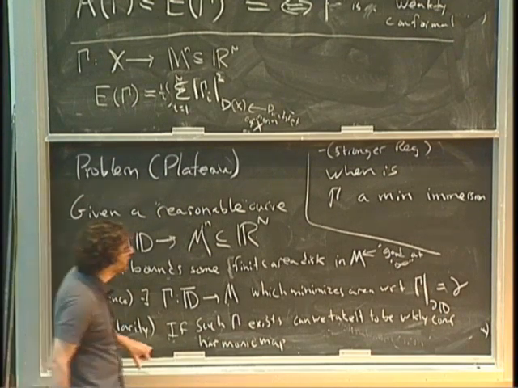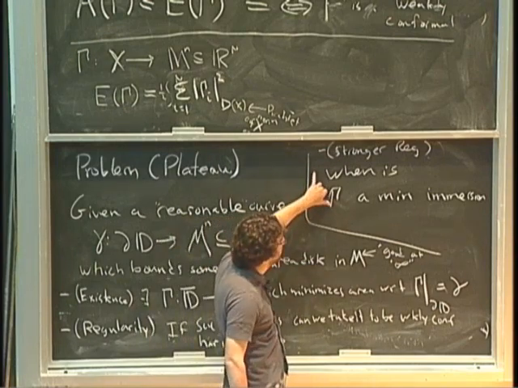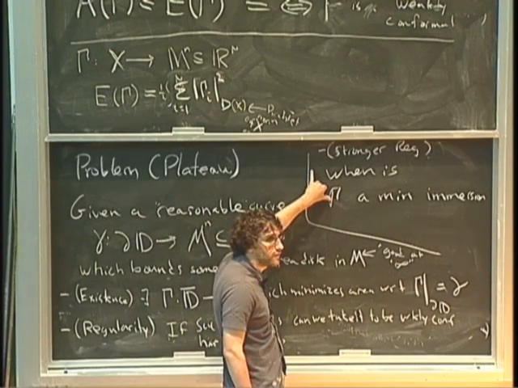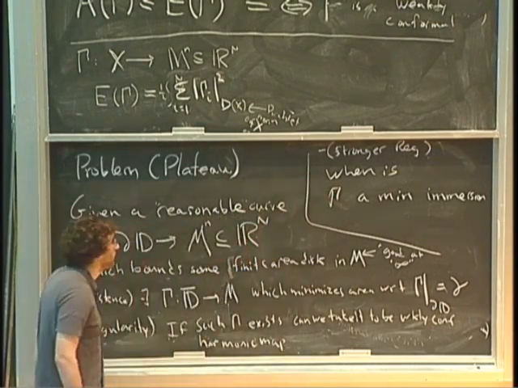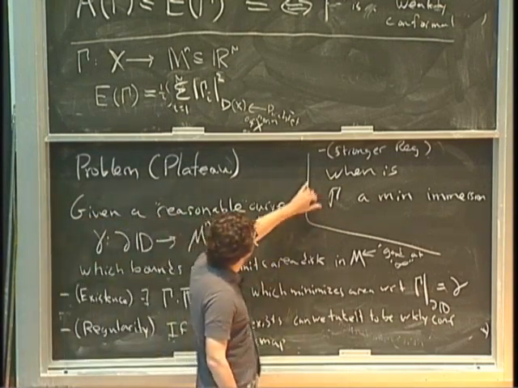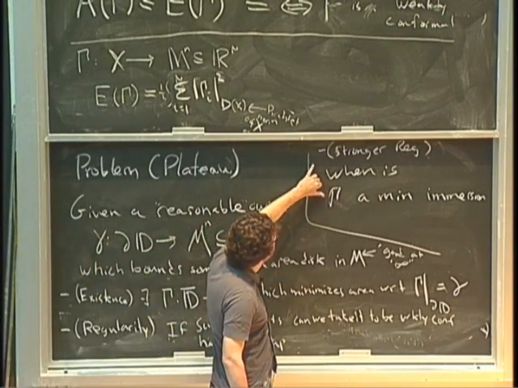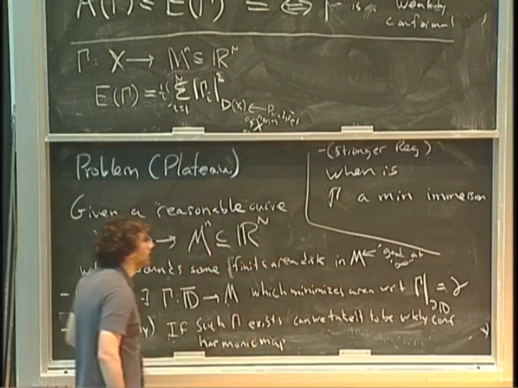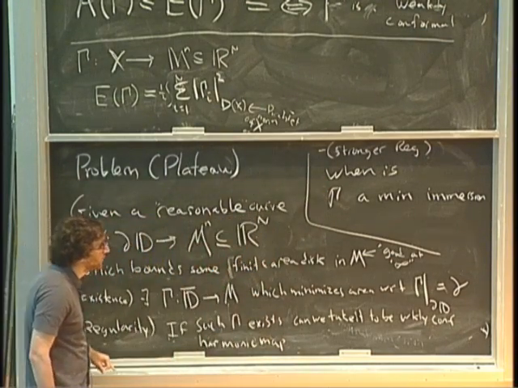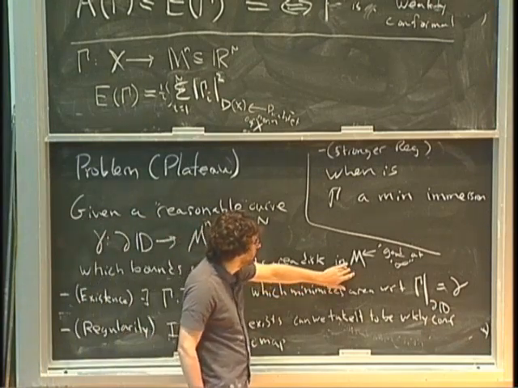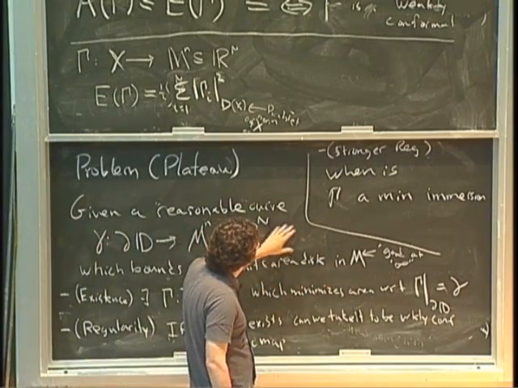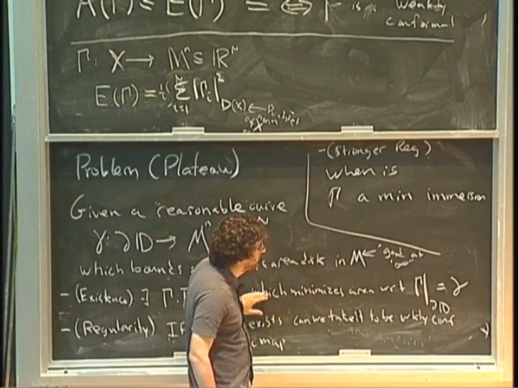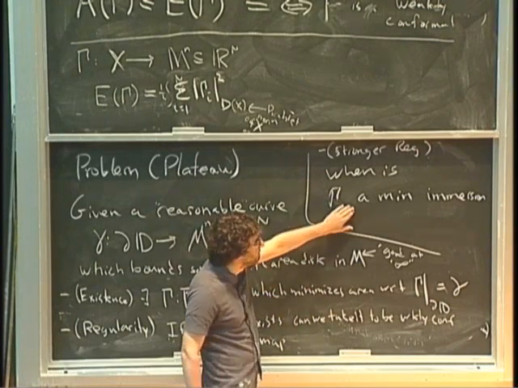Then there was a big gap before anyone could say anything more about this type of question. This was solved maybe in the 60s or 70s by Gulliver and Osserman, and they proved that when you're in codimension 1, in other words in a 3-manifold, or even in R3, you didn't have any of these interior branch points. So actually you were a minimal immersion.